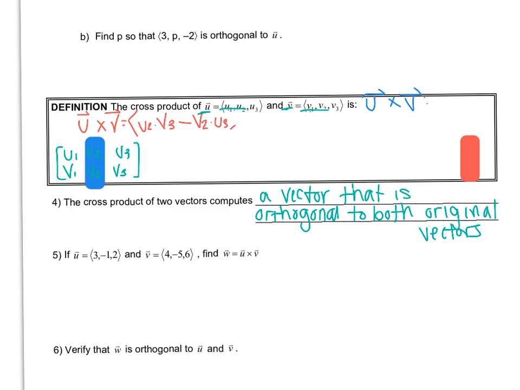I know this little blue bar doesn't cover it, but we're focusing on the first and last column, and we do the exact same product. We do U1 times V3, subtract V1 times U3.